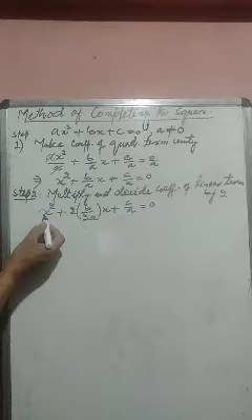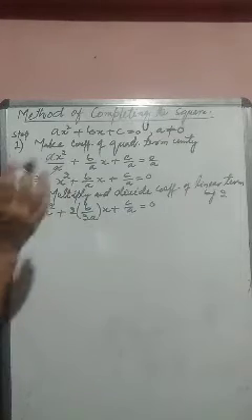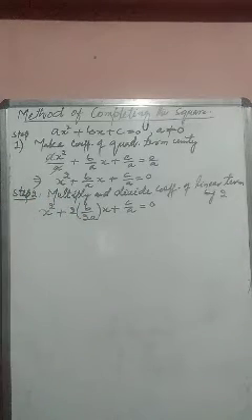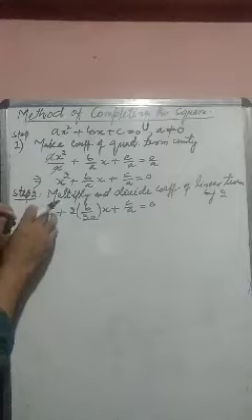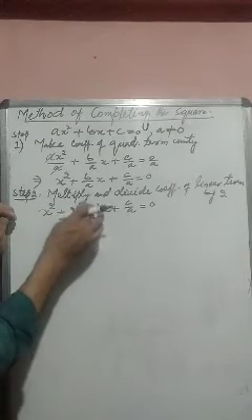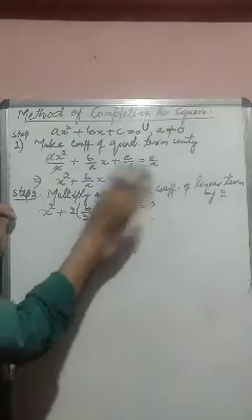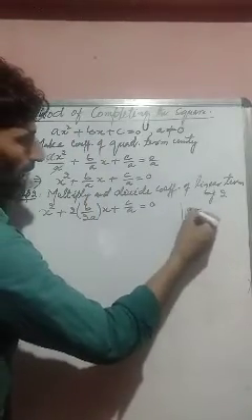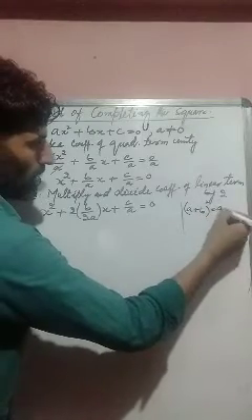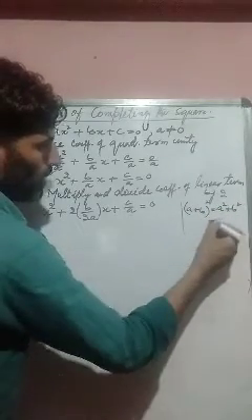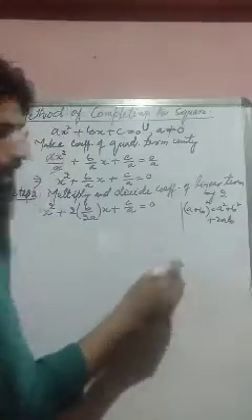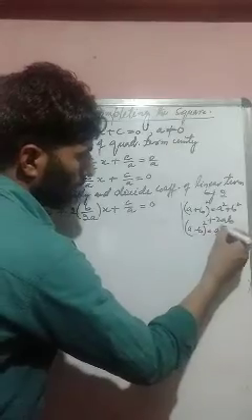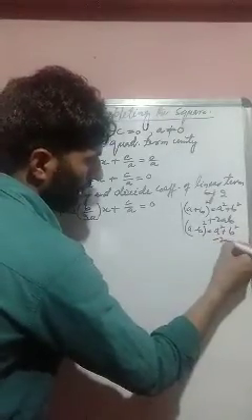Now treating x as a and b by 2a as b, हम x को a treat करते हैं और b by 2a को as b treat करते हैं, then it becomes x square plus twice a into b plus c by a equal to 0. Now here you have two complete squares. One is a plus b whole square, which is a square plus b square plus 2ab, and the second is a minus b whole square, which is a square plus b square minus 2ab.